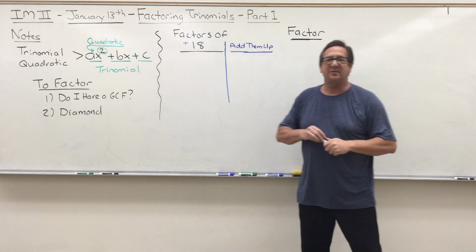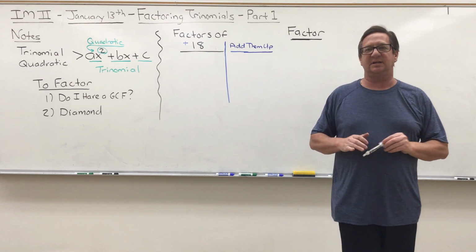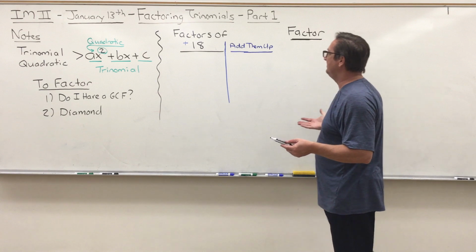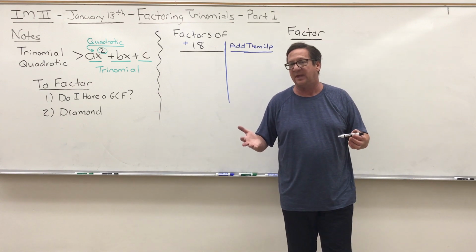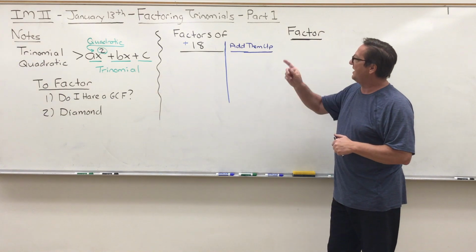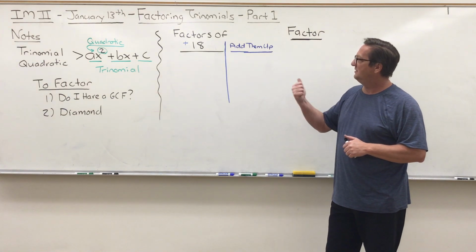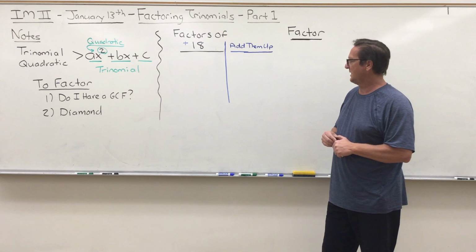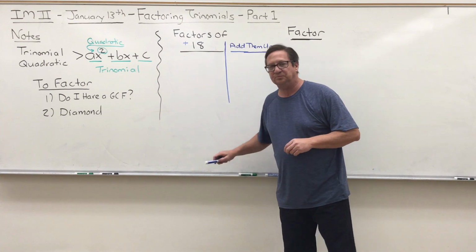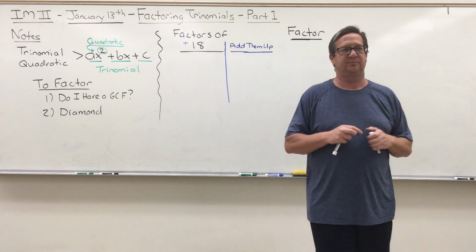Before we write what the third problem is, let's make another little table that says factors of positive 18, and we're going to add them up together. Factors of positive 18, add them up. Are you going to be ready?